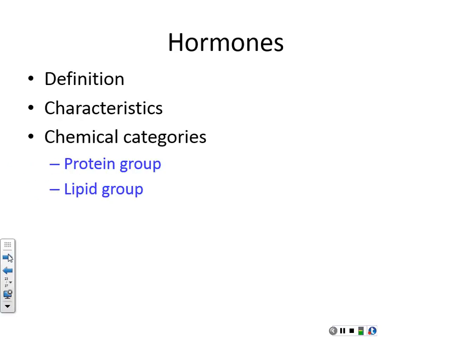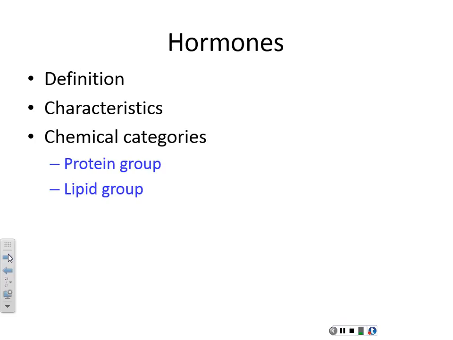So hormones, of course, are chemicals that are released. Where are hormones released? Into the interstitial fluid, right? And then they diffuse into blood. So that's how you define hormones. They are either proteins, which are water soluble, or lipids, which are lipid soluble, okay?